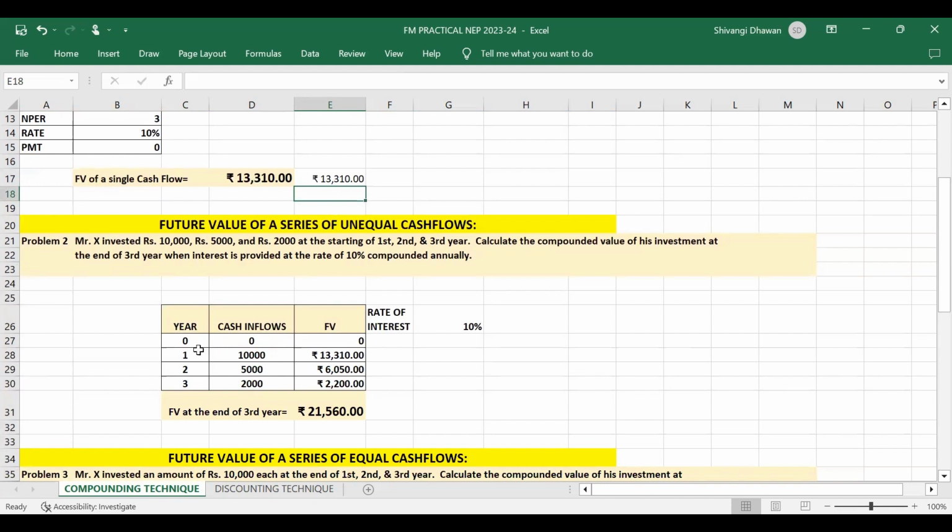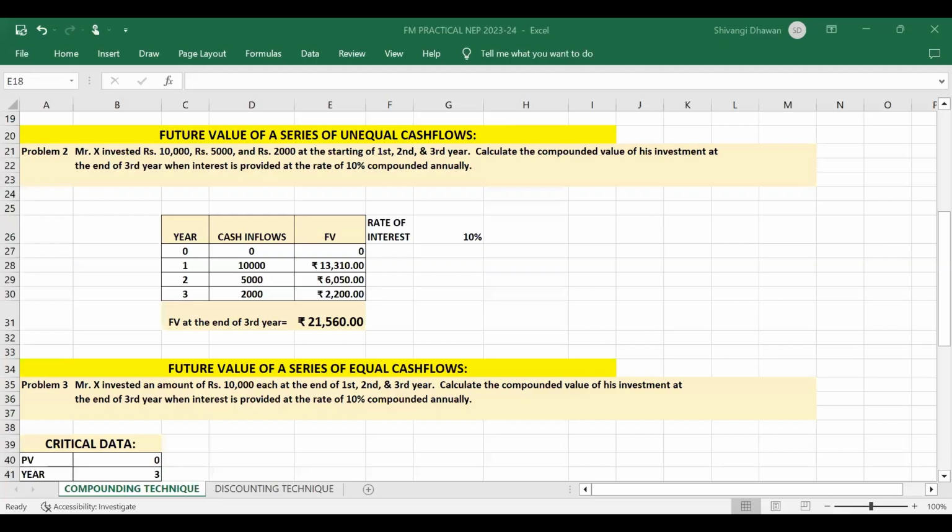Year 0, 1, 2, 3, cash inflows 0, 10,000, 5,000, 2,000, future value.